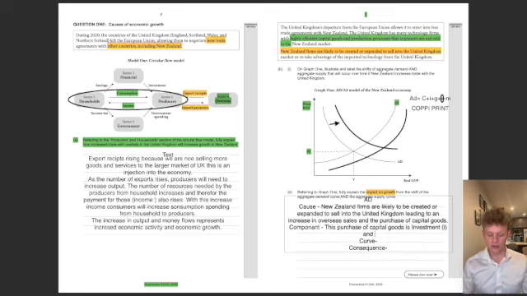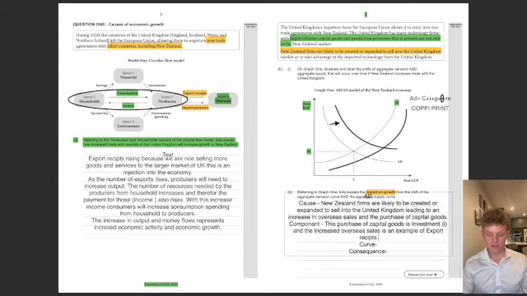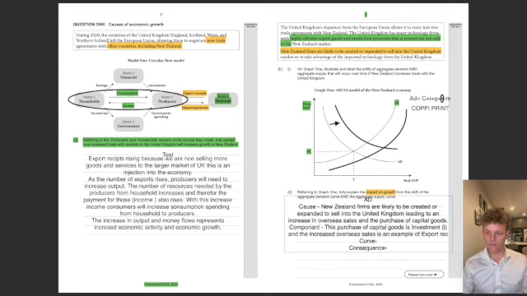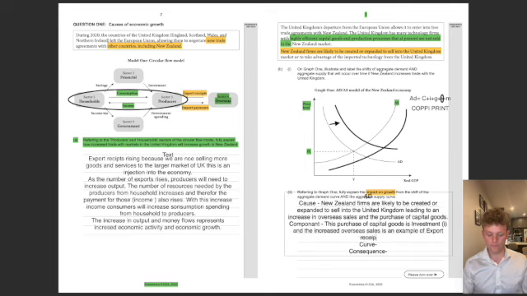Use the letter I, and the increased overseas sales is an example of export receipts. Export receipts rising. Full stop. We need to talk about X there. Full stop. So we've linked them to our AD equation.